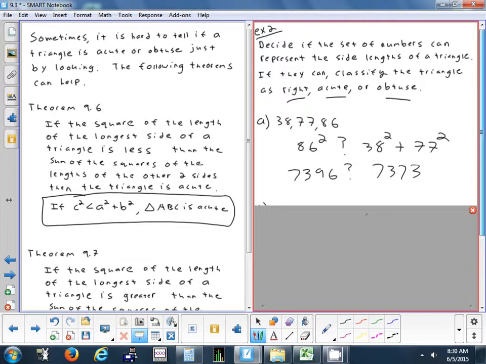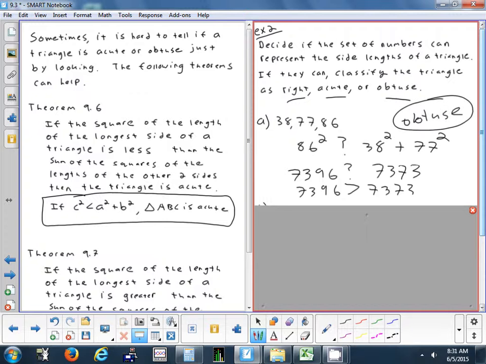What's the symbol that should go in here? Less than, equal, or greater than? That's greater than. So in this case, the hypotenuse squared is bigger than the sum of the two legs squared. So what does that mean? It's obtuse.